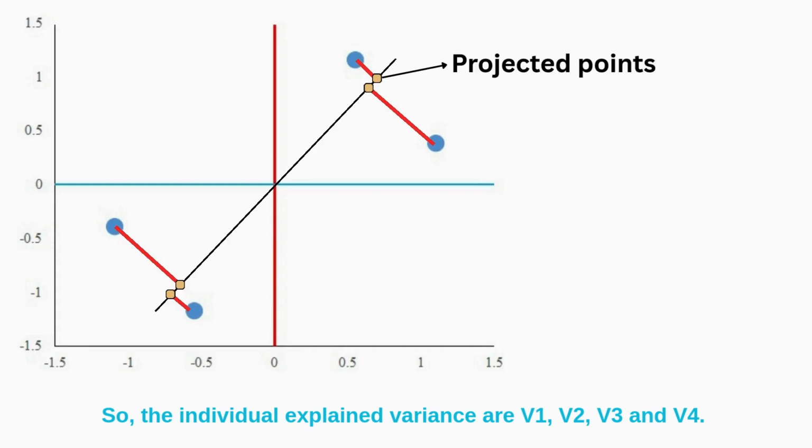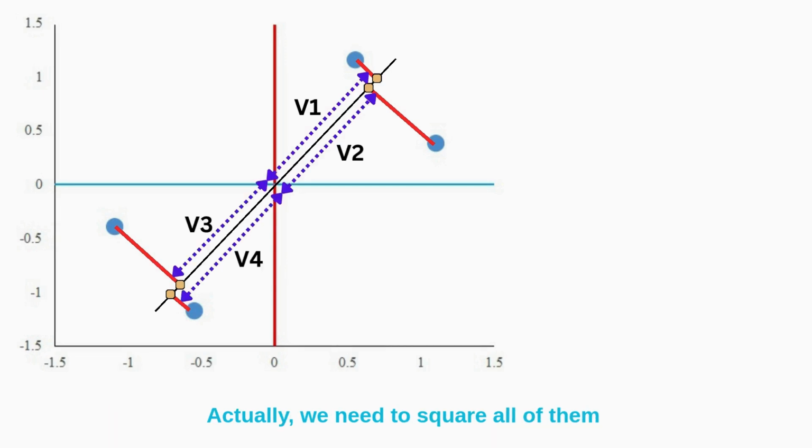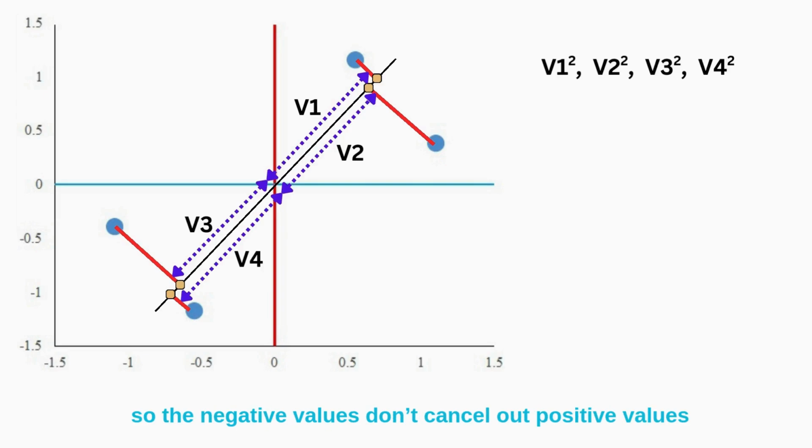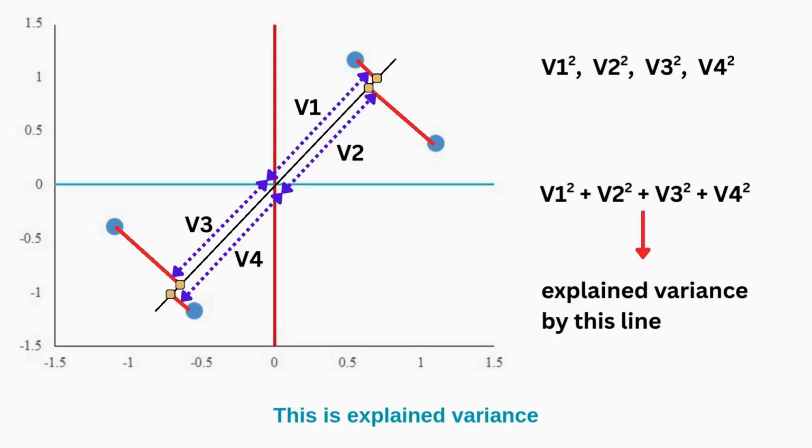So the individual explained variances are V1, V2, V3 and V4. Actually, we need to square all of them so the negative values don't cancel out positive values, and the sum of explained variance is V1 square plus V2 square plus V3 square plus V4 square. This is the explained variance by this line.